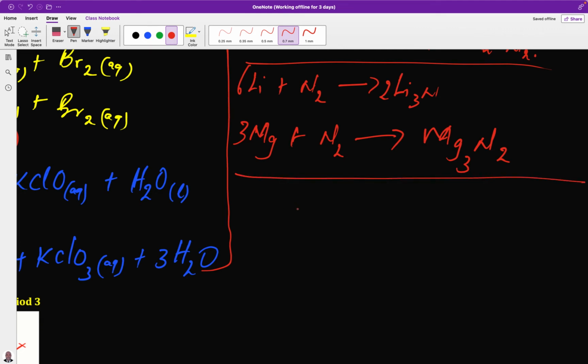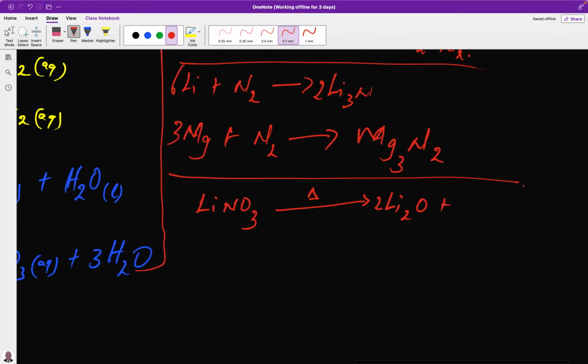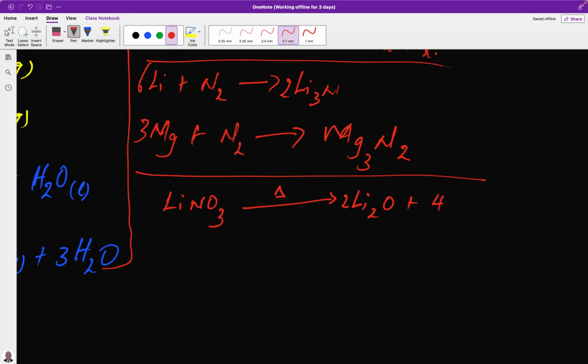For example, the nitrate of lithium will decompose on heating to give lithium oxide plus nitrogen dioxide plus oxygen. Lithium here is 4.